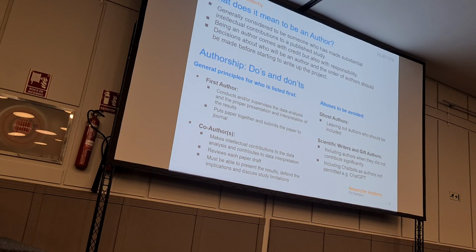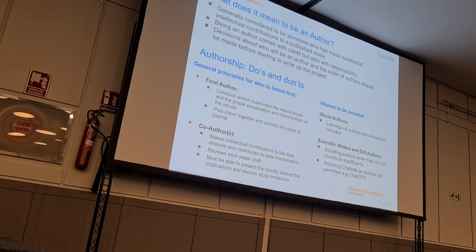Who's first author, who's corresponding author, who's last author. And this should all be done before you submit your paper, because the editors will tell you as well, we get a lot of complaints from authors about authorship issues, and it's very difficult for the editors to know who should be on the paper or the order of the authors. So this is really something that you need to sort out before you submit your paper.